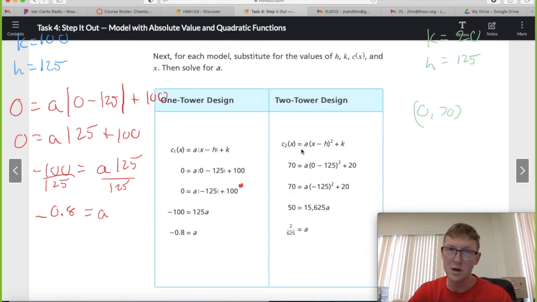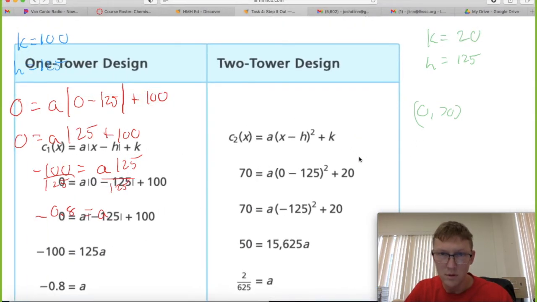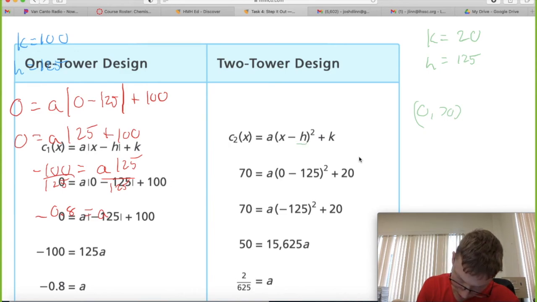And so then to solve, they kind of did all the work for me. They started with their given equation. We substituted in our H and our K values. And then we're using 0, 70.